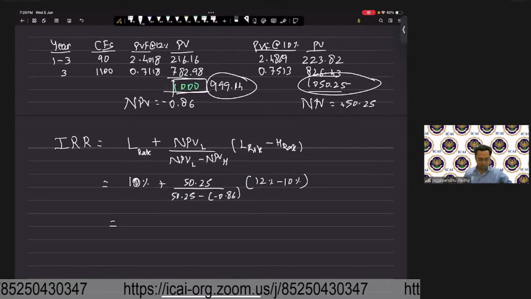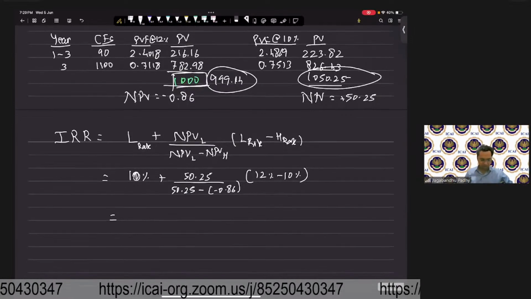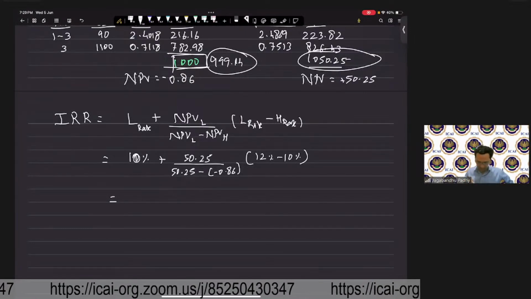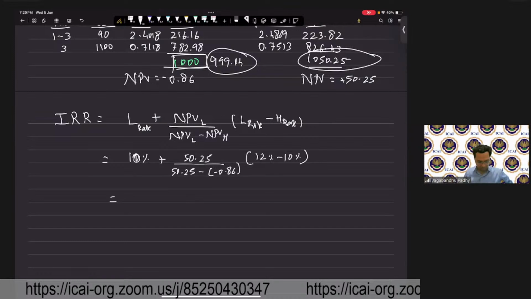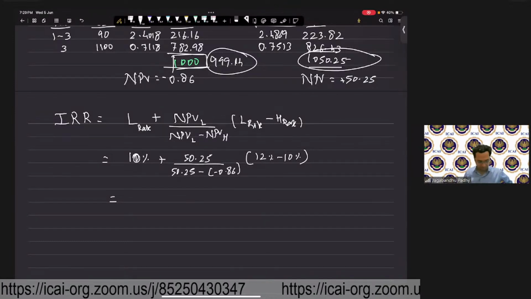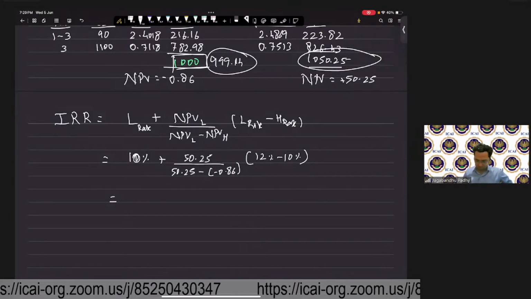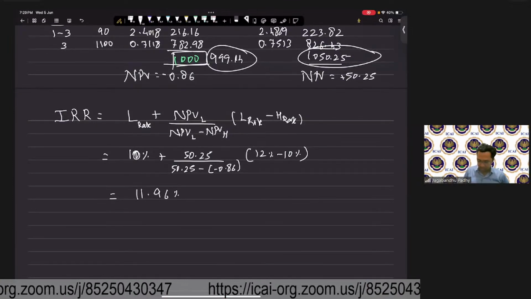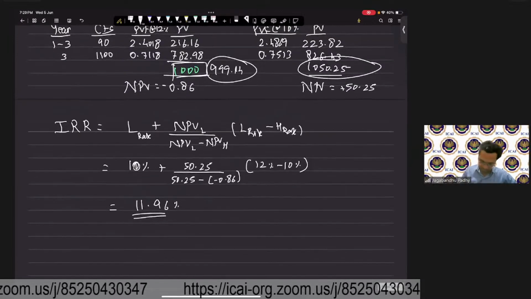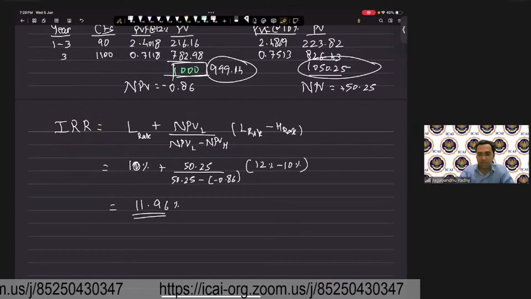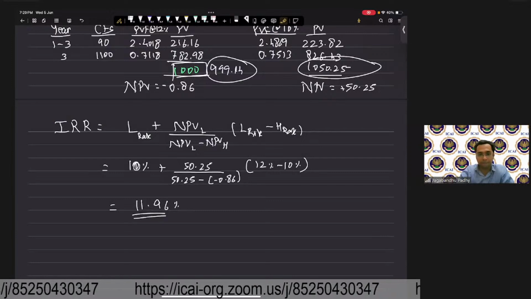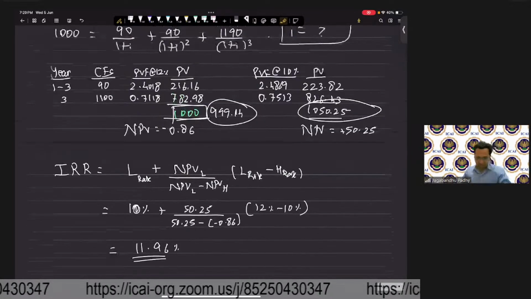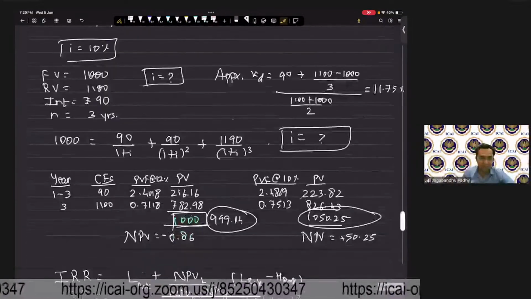We're just interpolating between these two values, and by solving it, that comes out to be 11.96% on calculation. So that is our IRR or YTM method, based on which we calculate the cost of debt.